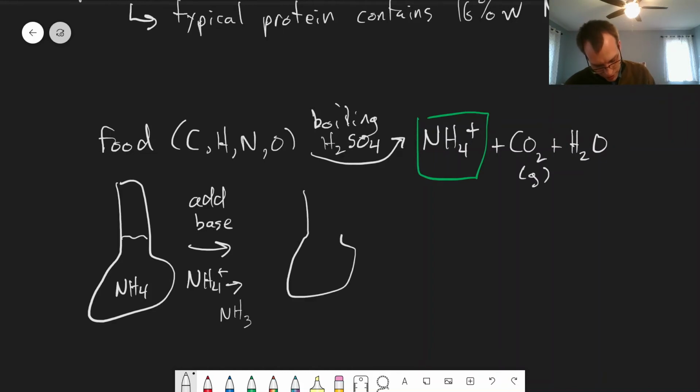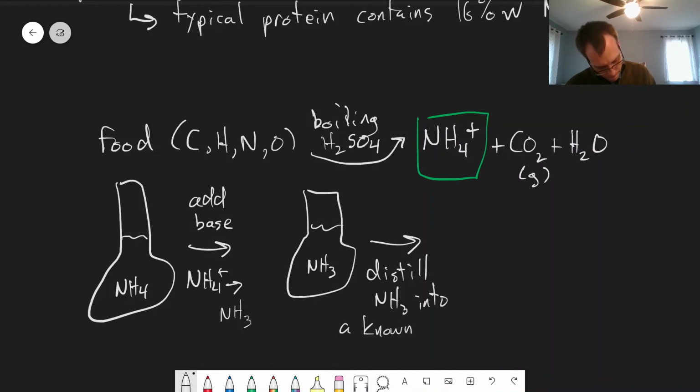So now our nitrogen is all NH3, and the next step is to distill the NH3 into a known amount of hydrochloric acid. So we know the concentration and we know the volume of the solution that we're distilling the NH3 into.